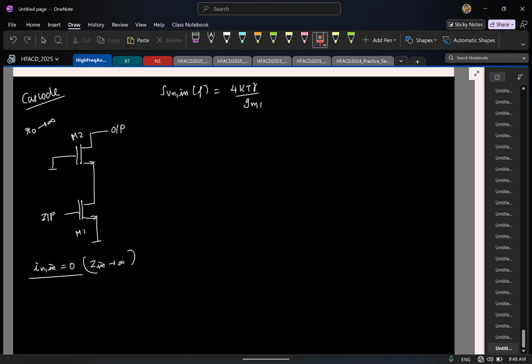Now we just have to look at M2, that is a Cascode device, so that alone we'll do. To model the noise of M2, you can either use a voltage source at the gate, or you can put a current source at the drain to source. For now I'll use a current source, but you can work out using a voltage source also, same thing you should get. So I'm trying to find the short circuit current.